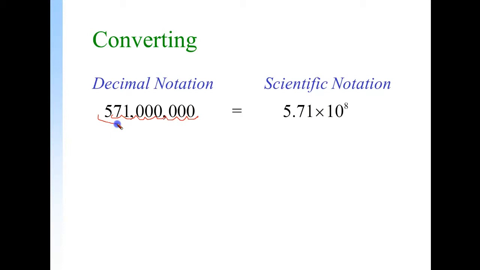These are the significant digits. So it's going to be my decimal times, and then how many places did I move it over? In this case, to the left. That's a positive 8 exponent. So decimal or standard notation, scientific notation.